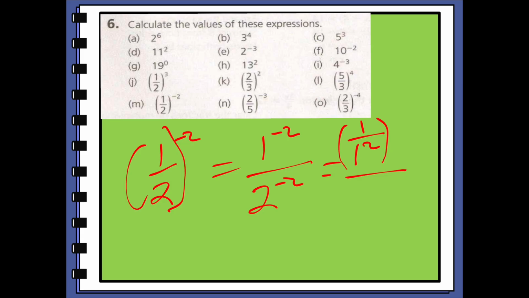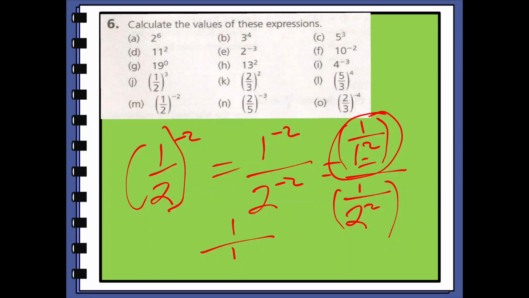Then this one will say 1 over 2 to the positive power. Then we evaluate now. So on top, what is 1 squared? We know that this is just 1. Then down we have 2 power 2 is 4. So 1 over 4. So think of this fraction as a division thing here.